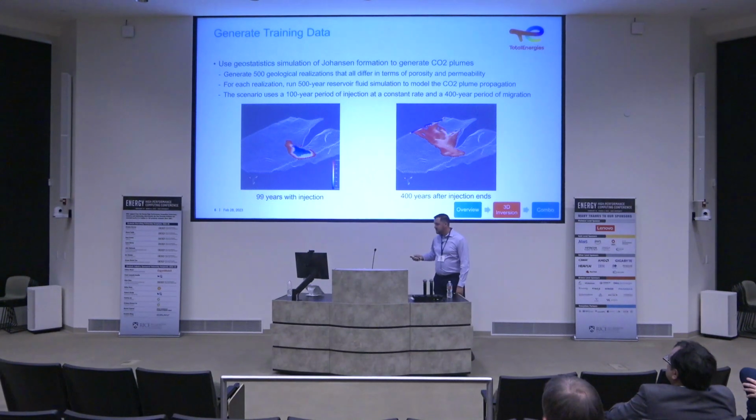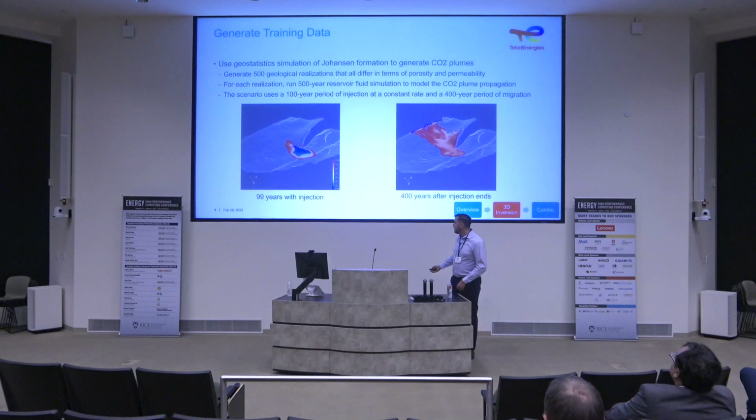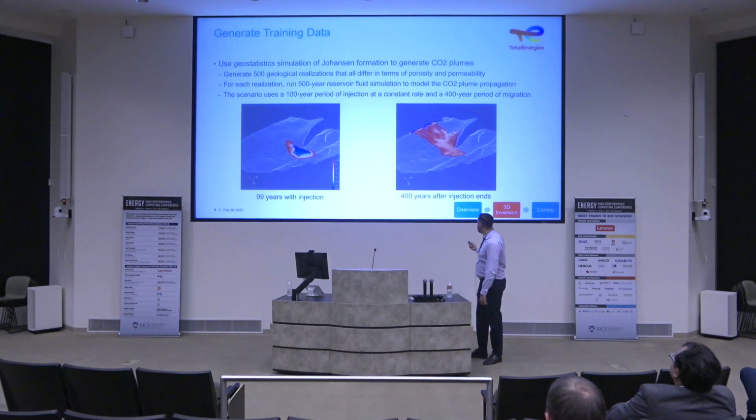In this simulation, we're going to start with a 100-year period of injection, after which injection stops, and we have a 400-year period of migration. And just to give you an illustration of what this looks like, this plume on the bottom left here is what it looks like after 99 years of injection. And then if we look at the bottom right here, it's the same plume, but after injection ends, plus 400 years.